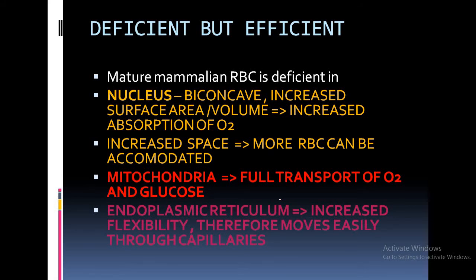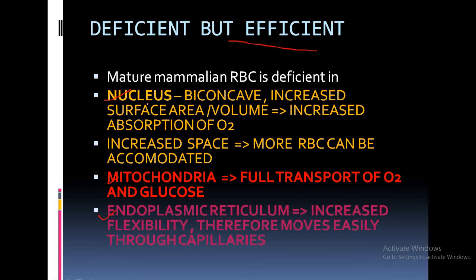Then the next topic is deficient but efficient. RBC is deficient with respect to many cell organelles, but that deficiency makes the RBC more efficient. It is deficient in nucleus, mitochondria, and endoplasmic reticulum.